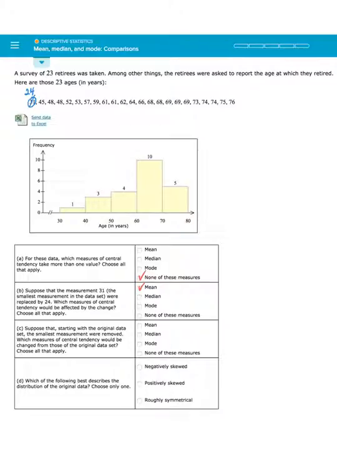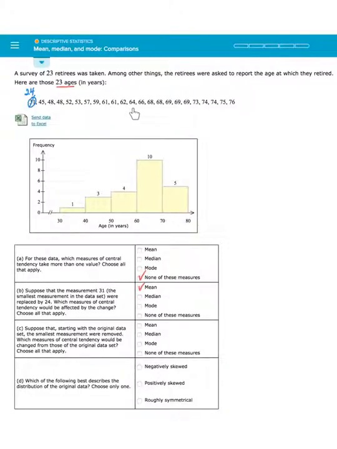Median. Let's find out what happens with median. First of all, we need to find what it is. There are 23 elements in this data set, which is an odd number. So there is one number in the middle that is a median. Let's count which one it is. We have 23 total elements, which means 11 on one side, 11 on another of the median, which gives me 22 remaining elements. 1, 2, 3, 4, 5, 6, 7, 8, 9, 10, 11.